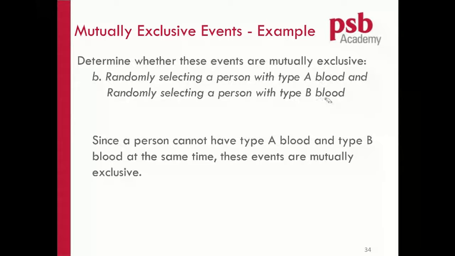Can both of them select the same student, one student which has type A blood and type B blood at the same time? No way, right? So the events are called mutually exclusive events. There's no way that type A blood and type B blood can exist at the same time in someone's body, right? So these 2 events are mutually exclusive events.